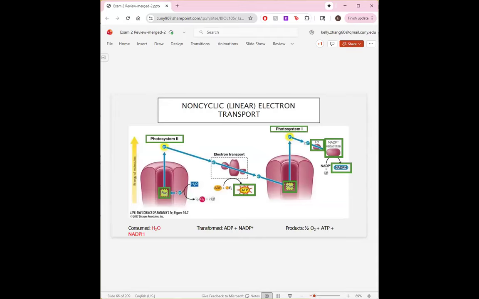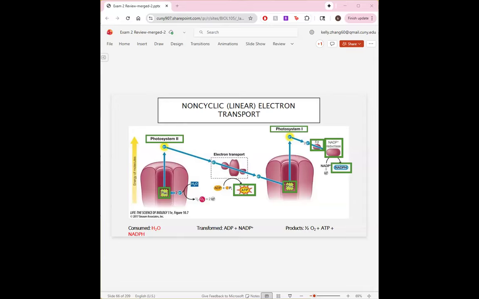Again, the light-dependent reactions include the non-cyclic and the cyclic electron transport. The non-cyclic electron transport is the dominant process. It's also a movement of electrons, similar to the electron transport chain that we just covered.